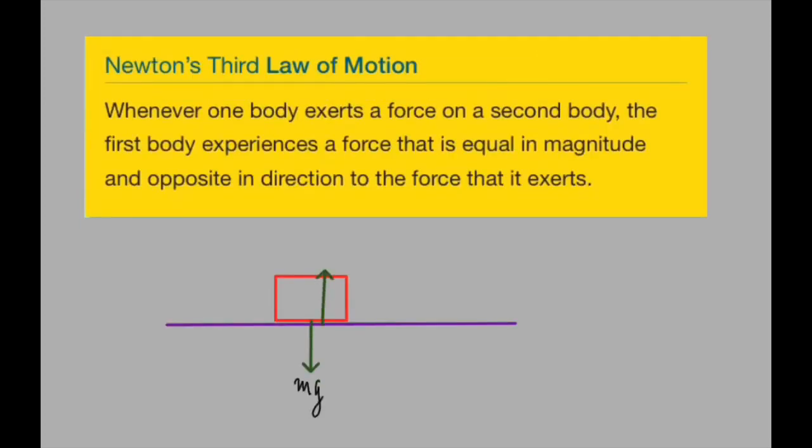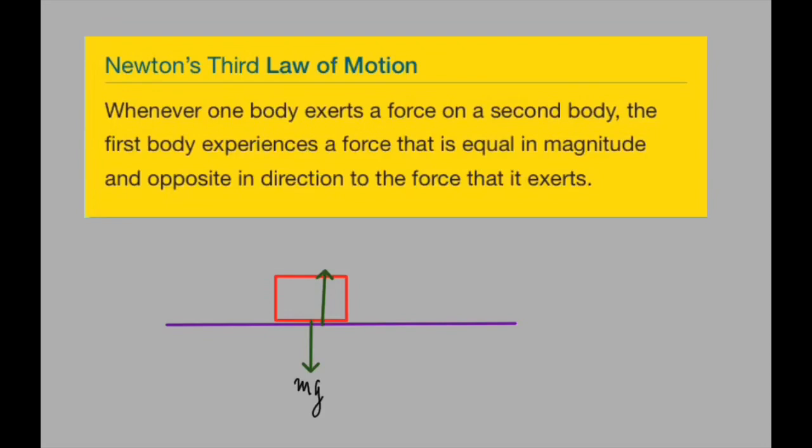Newton's third law. According to Newton's third law, for every action, there is an equal and opposite reaction. Here it says, whenever one body exerts a force on a second body, the first body experiences a force that's equal in magnitude and opposite in direction to the force that it exerts.